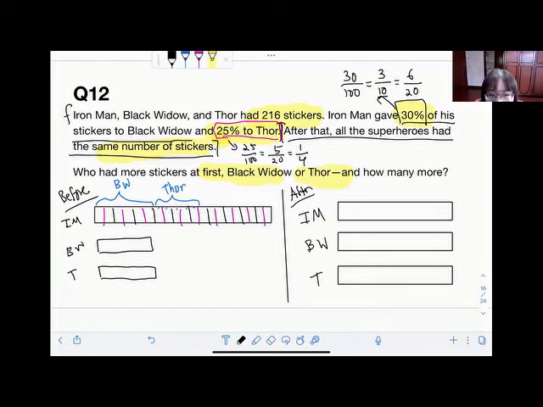So ano na over 20? Yung kay Thor. So kung yung 30 over 100 is 6 over 20, then yung 25 over 100 is 5 over 20. That is why, Ma'am Luella, ang bilis ninyo, and tama kayo, nag 5 boxes kayo kaagad.